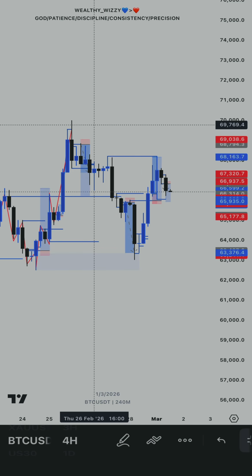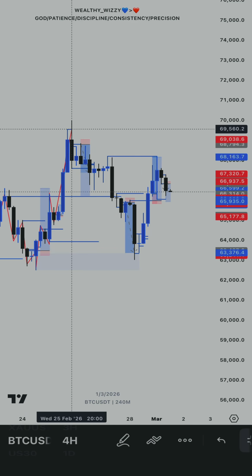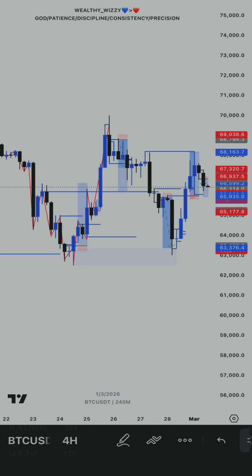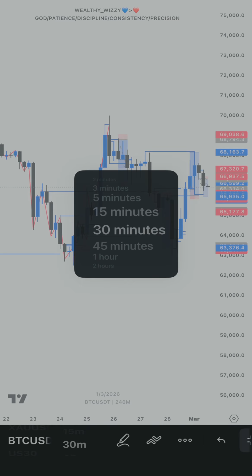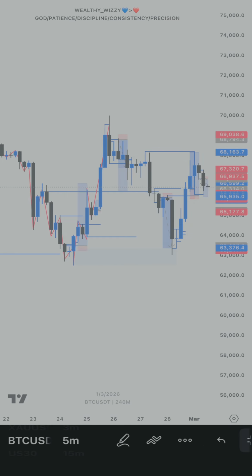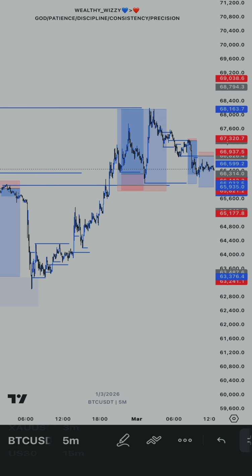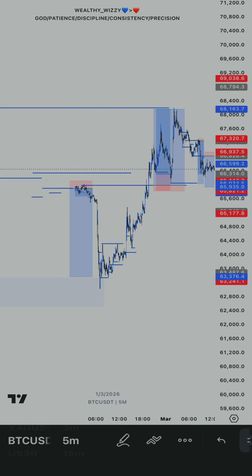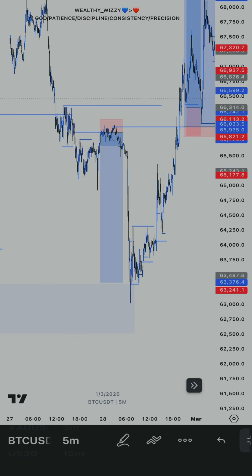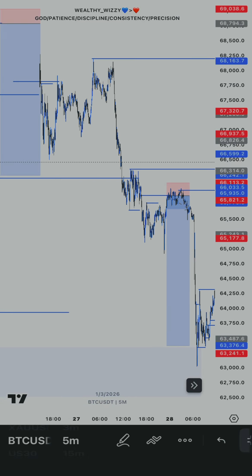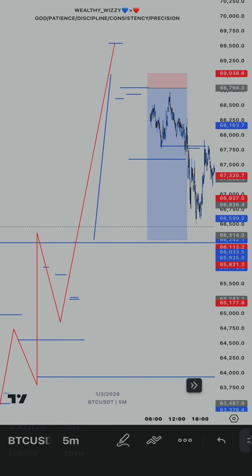So you can see the liquidity sweep here on the 4 hour, not daily, sorry. Now I started looking for sell interest because I believe that with the liquidity sweep present there, BTC would sell first to continue its buy, for the confirmation entry.